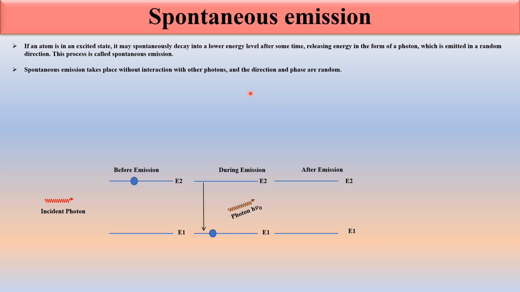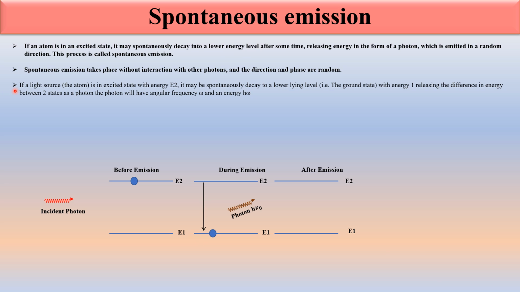If the atom in a light source is in excited state with energy E2, it may spontaneously decay to a lower energy level with energy E1, releasing the difference in energy between the two states as a photon, which will have angular frequency omega and energy h omega.